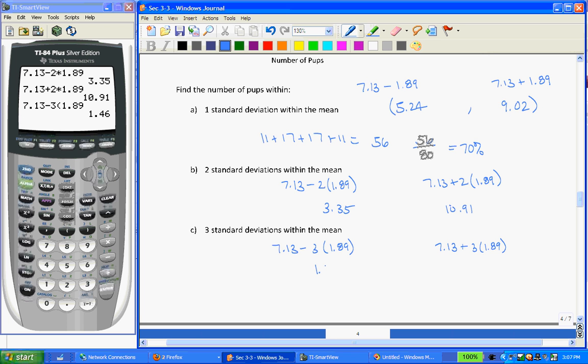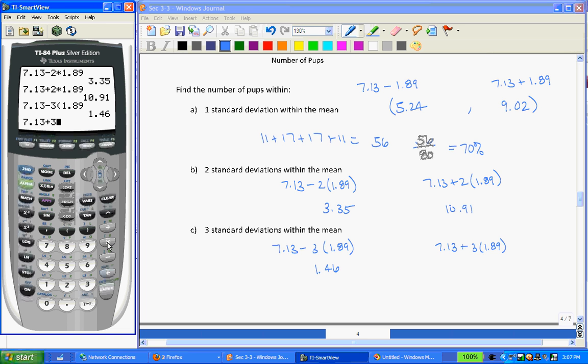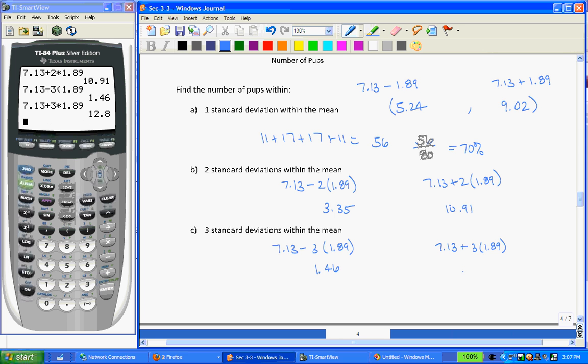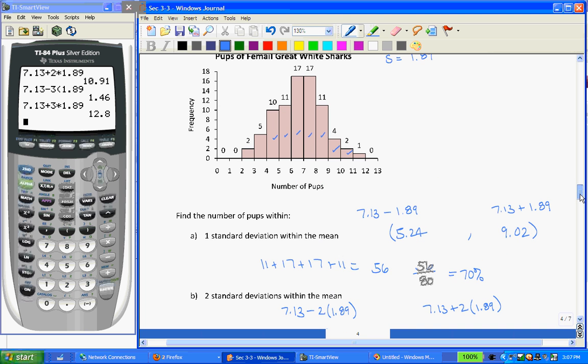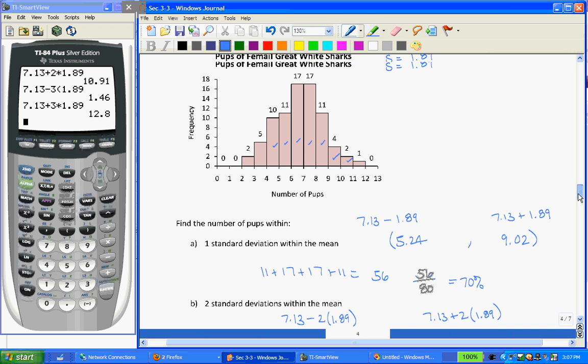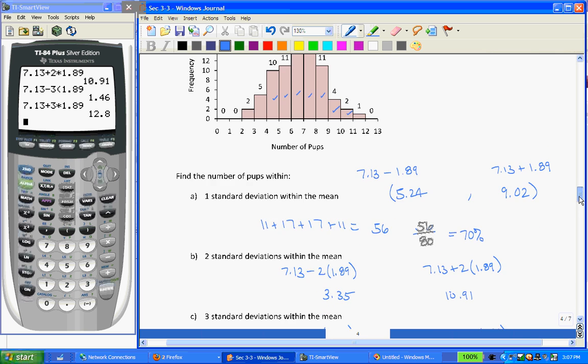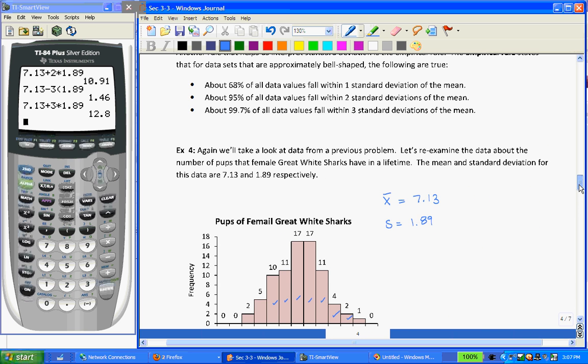We get 1.46 and 12.8. If you look at your graph, by the time we go that wide, we pretty much have the majority of our data. So the empirical rule: about 68% within 1 standard deviation, about 95% within 2 standard deviations, and almost all of our data, 99.7%, within 3 standard deviations of the mean.